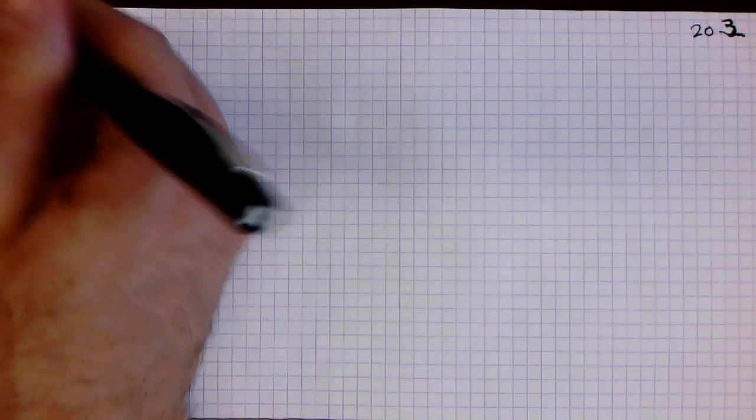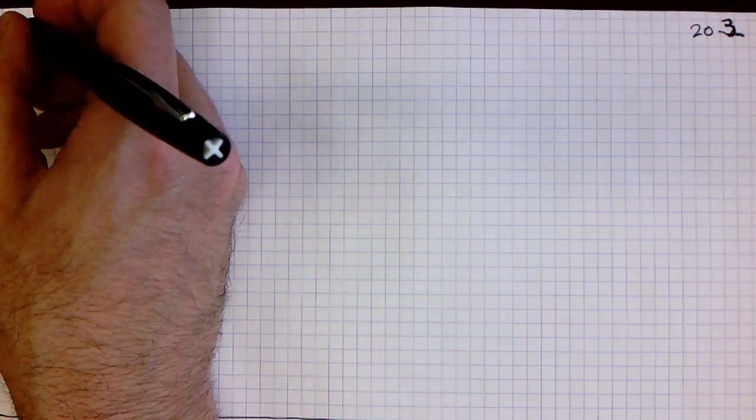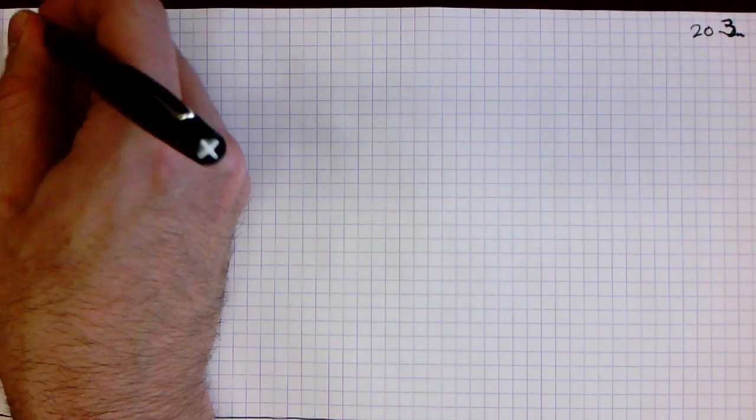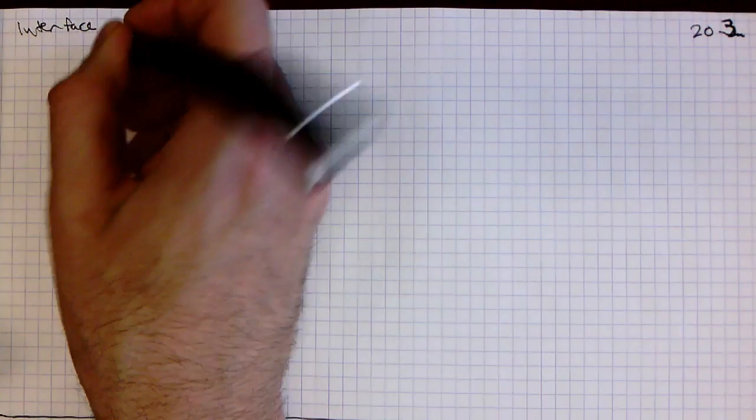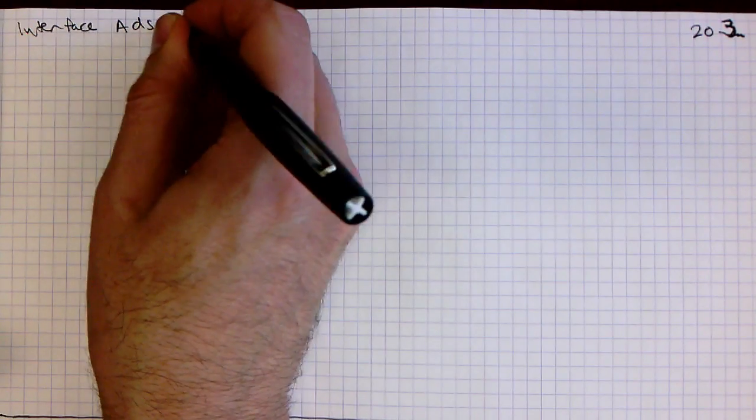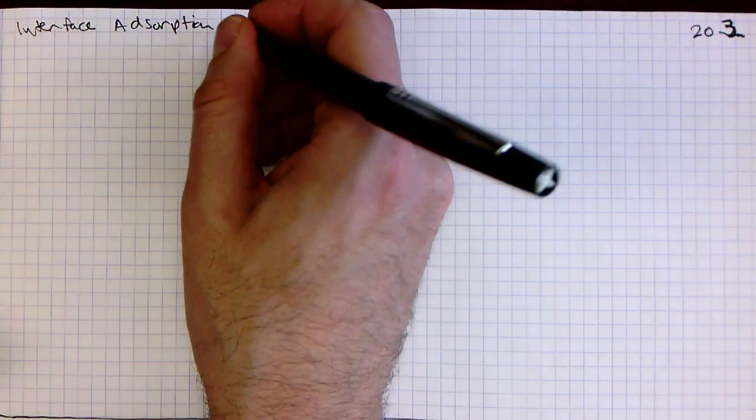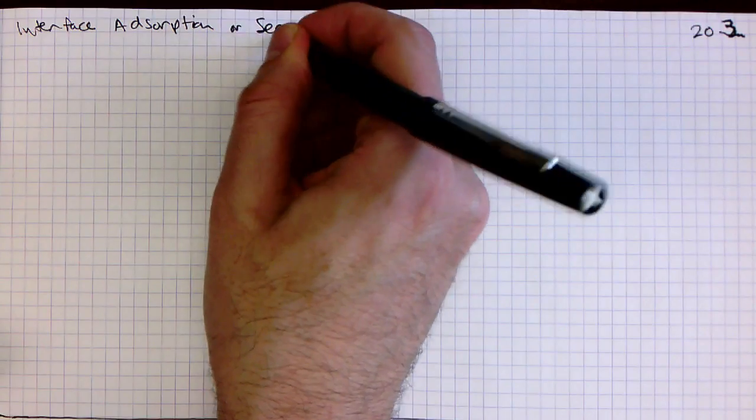Okay, so one of the important properties of an interface is that at an interface you can get adsorption, or also sometimes called segregation.